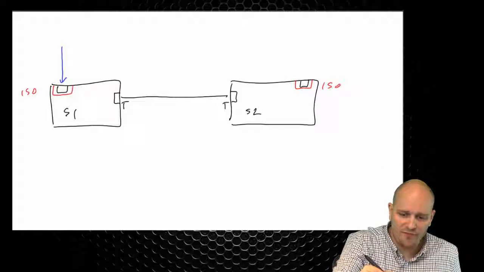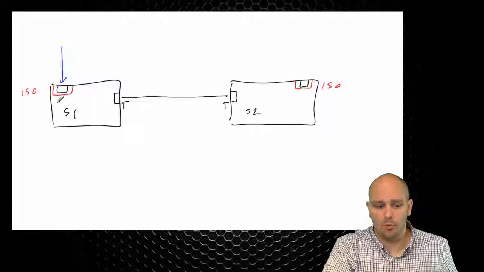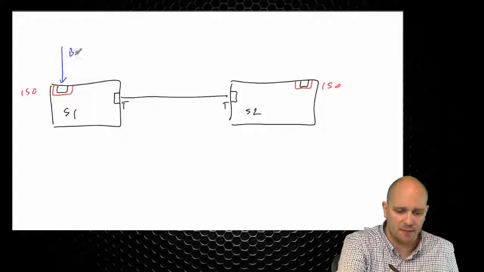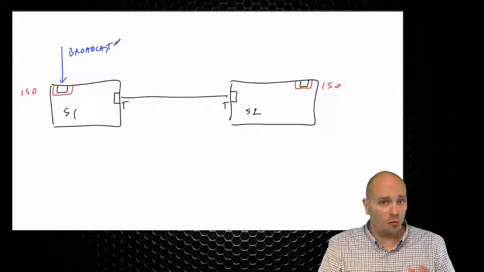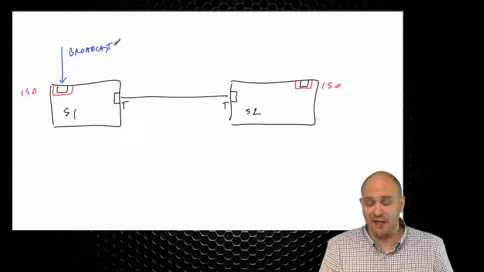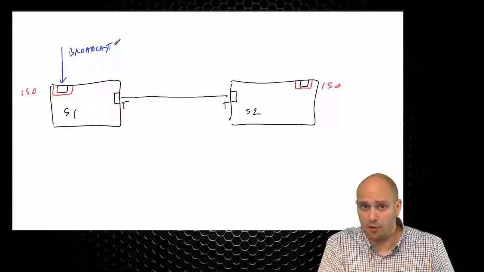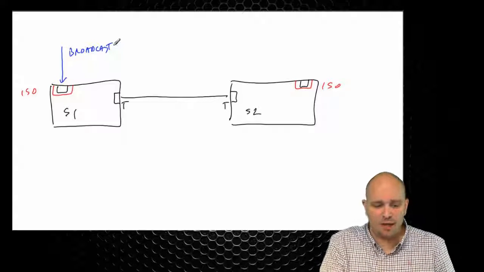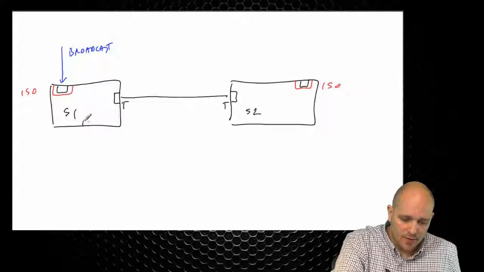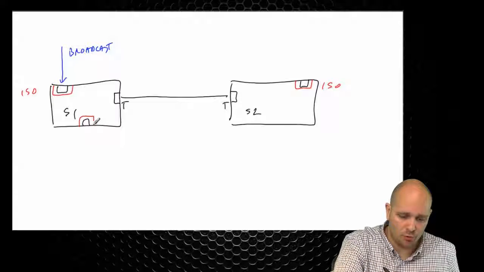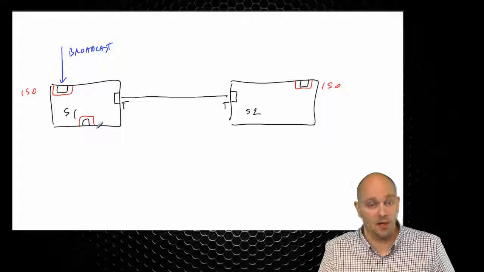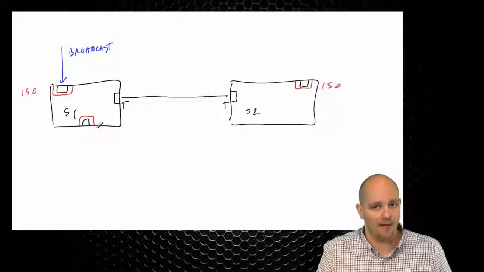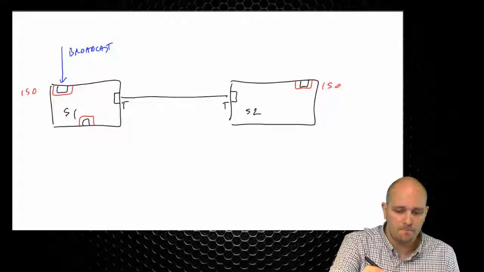So let's say the traffic arrives on this port here, and it's a broadcast frame. When the broadcast frame arrives, we need to send it out on all the ports in that VLAN except the port on which the frame arrived. If we have another isolated port on this switch, obviously this port will not be included in this replication, because this is the whole idea behind the isolated VLAN.